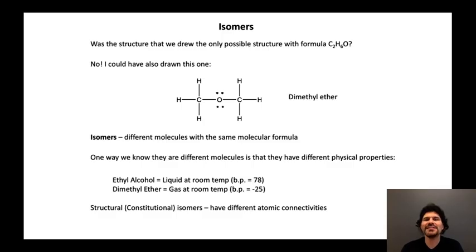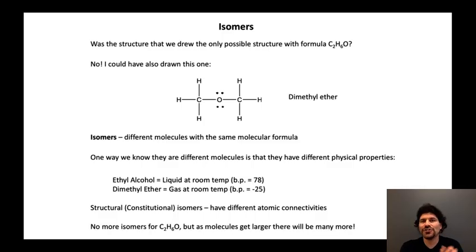That simply means that they have different atomic connectivities. Okay, so there are no more isomers. There are only these 2 possible structures for the formula C2H6O. But as molecules get larger, especially molecules you see in an organic course, there will be many more structural isomers available for a particular formula.